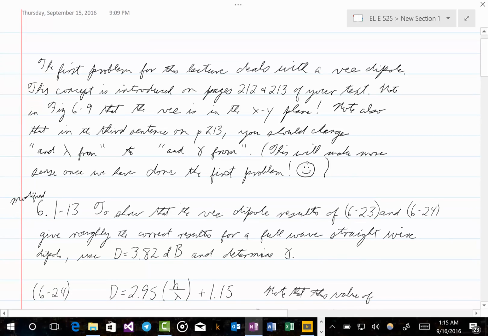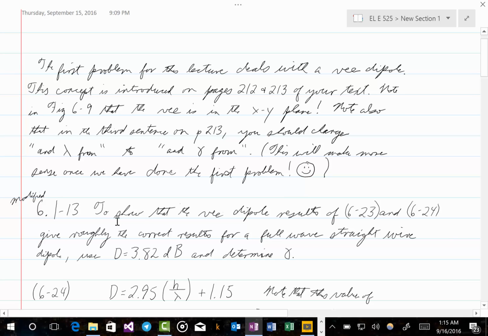And the first problem is a slightly modified version of problem 6.1-13. I've modified this problem just to make it a little more similar to one of your test problems.